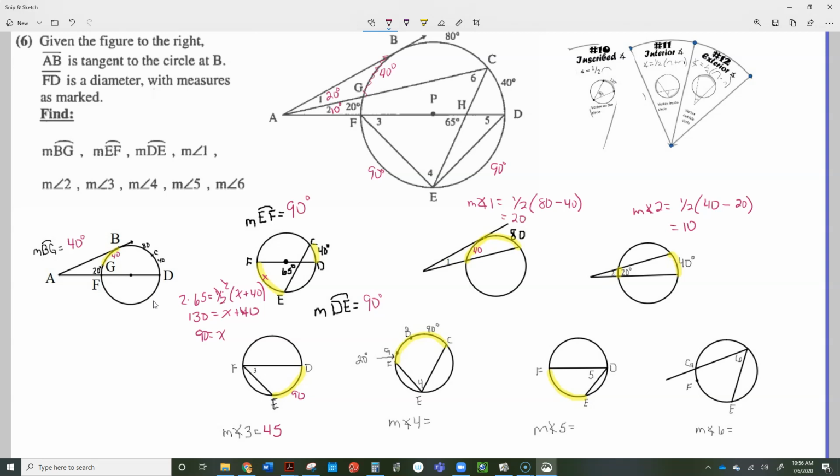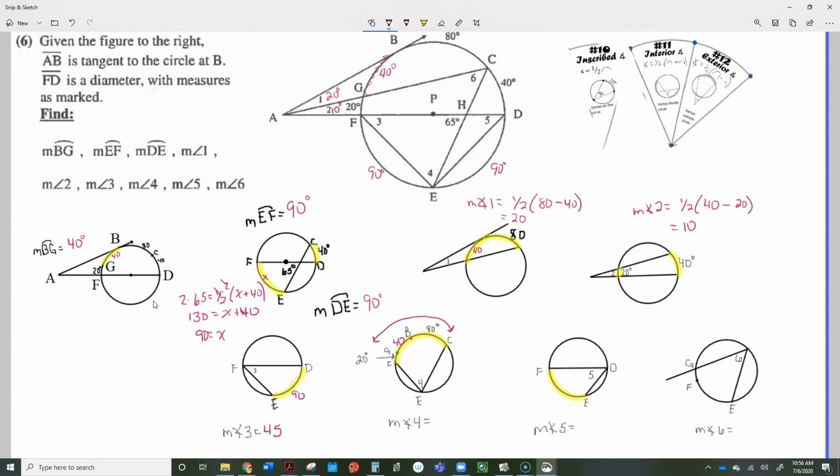The measure of angle 4 right here: we found BG up there on the first part to be 40. So angle 4, which is this angle right here, FEC, has F to C as the intercepted arc. So it's 20 plus 40 plus 80 is the arc that belongs to that angle.